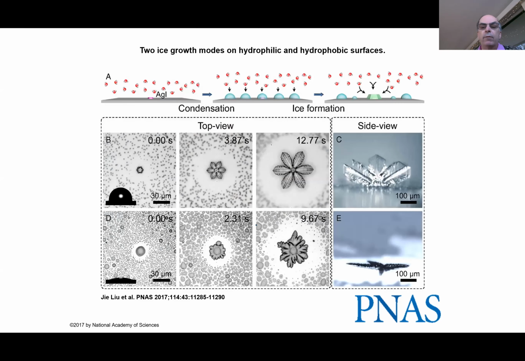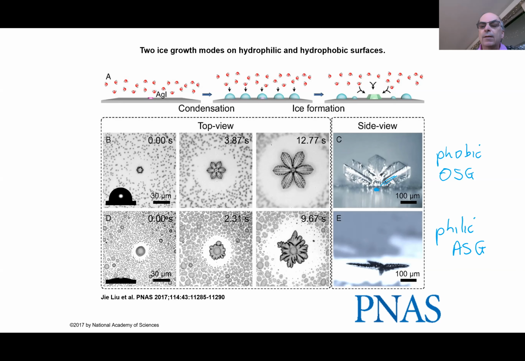And this diagram from the previous paper shows the differences in ice formation depending on whether you have a hydrophobic or hydrophilic surface. So this one is hydrophobic, and you get what's called OSG, off-surface growth. This one is hydrophilic, and you get along-surface growth. So you can see that water molecules have started to accumulate here, and as they've grown, they've tried their best to stay away from the surface.